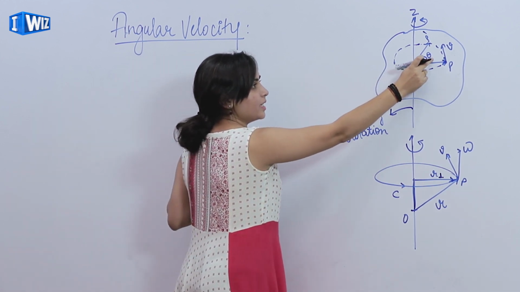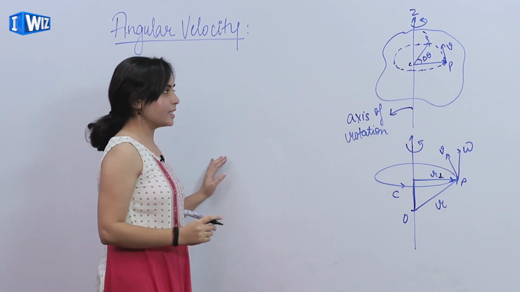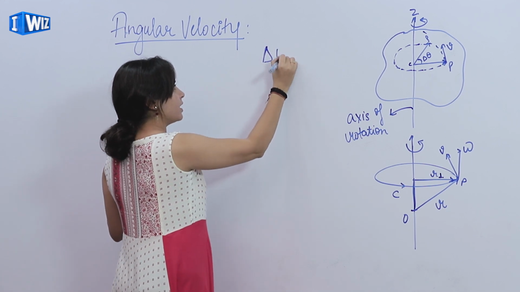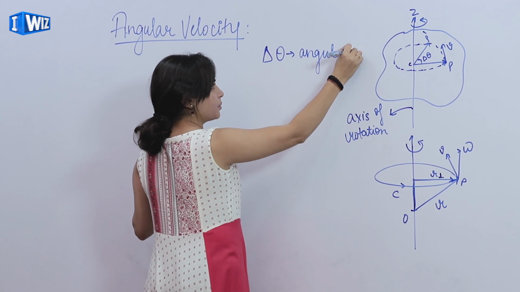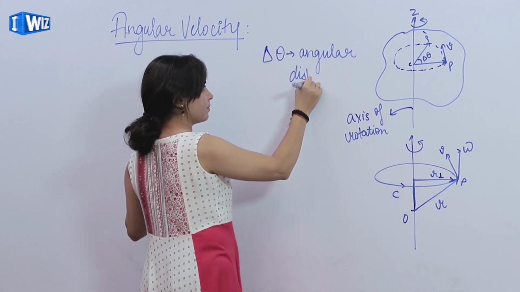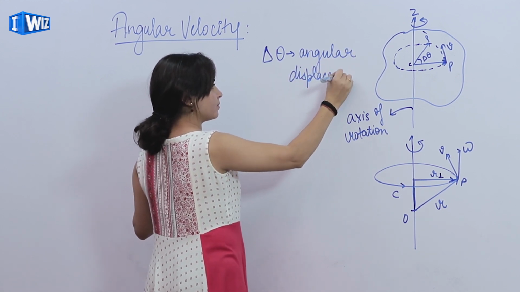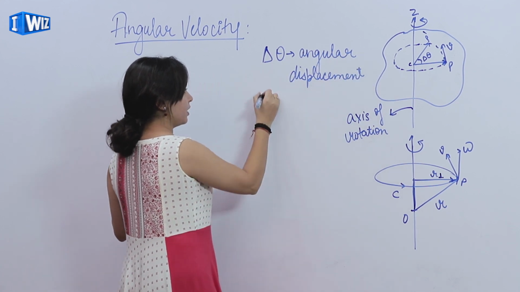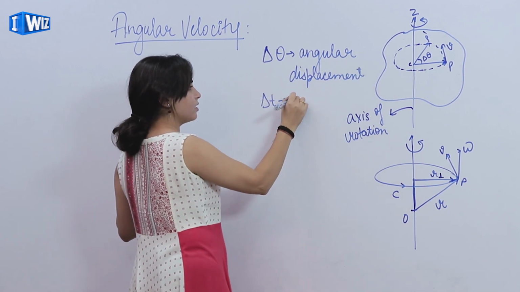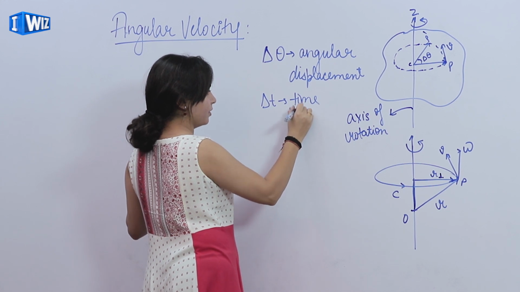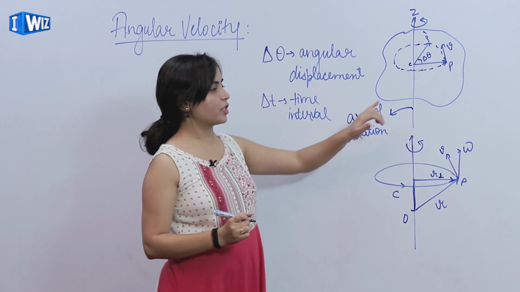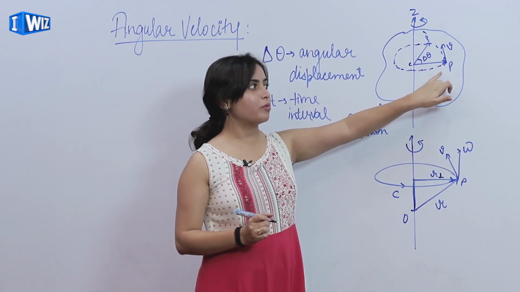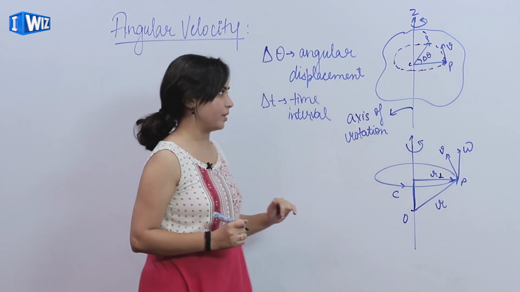So there is a change in angle delta theta, where delta theta is angular displacement. And delta t is the टाइम इंटरवल, उतना टाइम इंटरवल जितना कि पार्टिकल को पोजीशन P से P डैश में जाने में लगा.